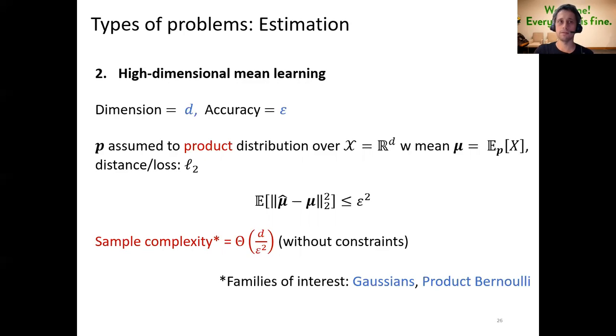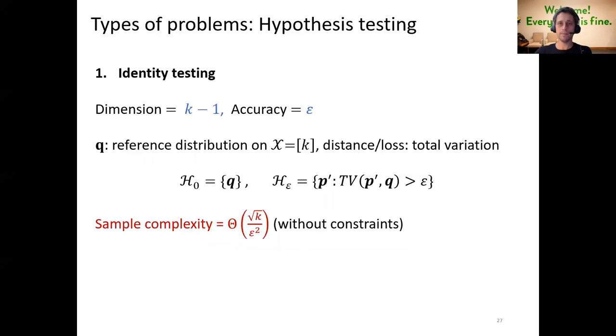So this is for learning, estimation. These are two problems we're going to be focusing on through this tutorial. For testing, let's look at the kind of problems we might want to solve. So one of them is identity testing. Depending on your community, you might also know that as one sample testing or goodness of fit, etc. for discrete distributions.